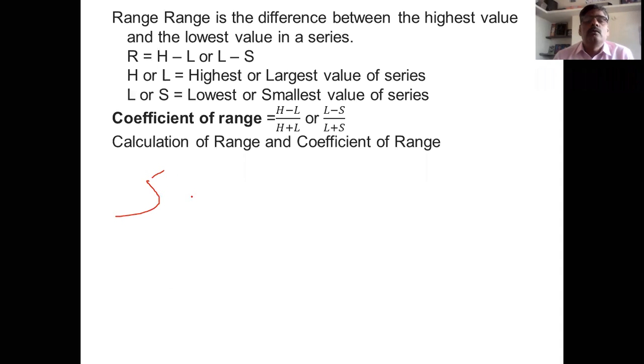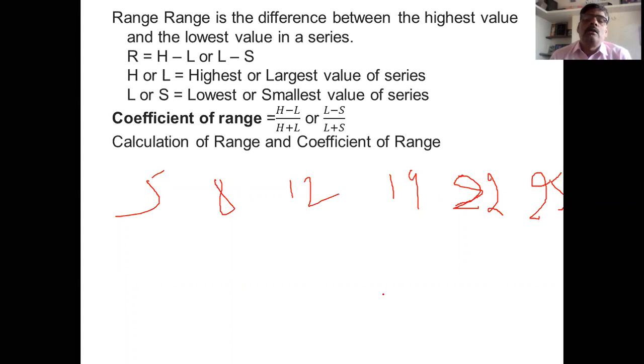5 is the first value, 8 is the second value, 12 is the third, 19 is the fourth, 22 is the fifth, and 25 is the last value. So the highest value is 25, and the lowest value is 5.